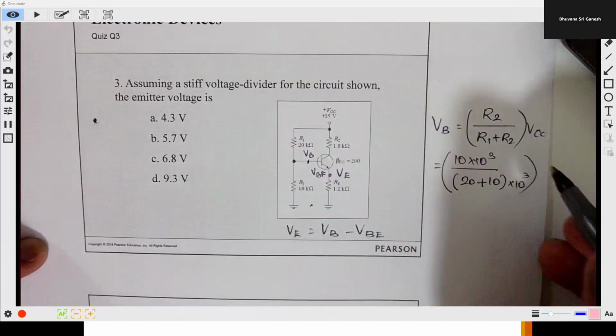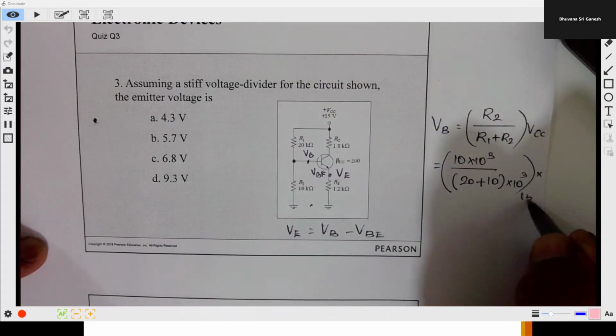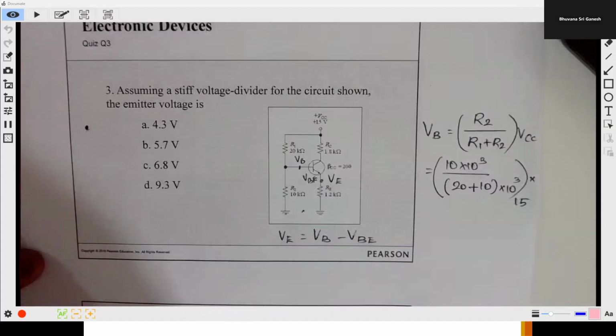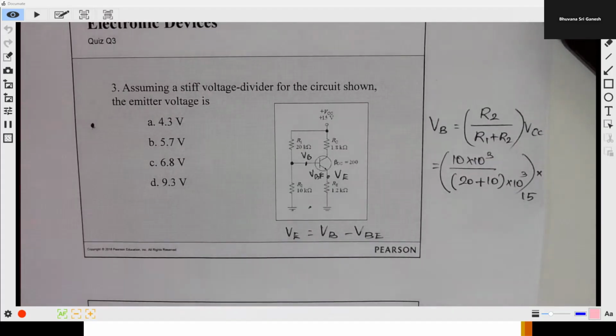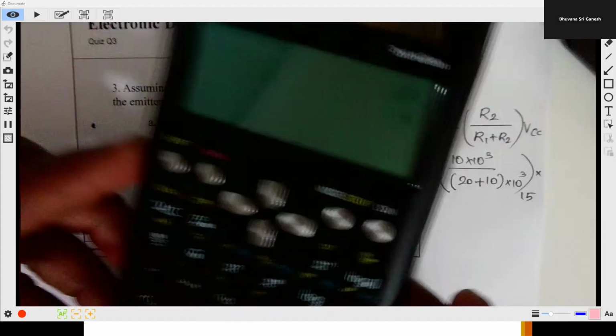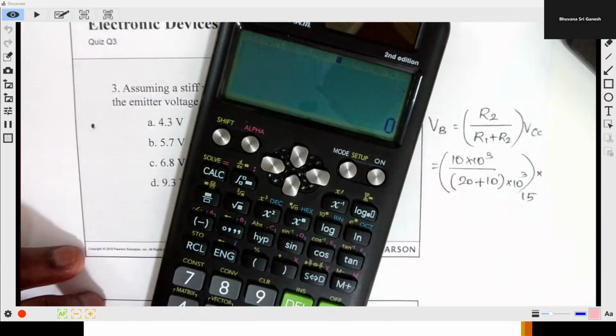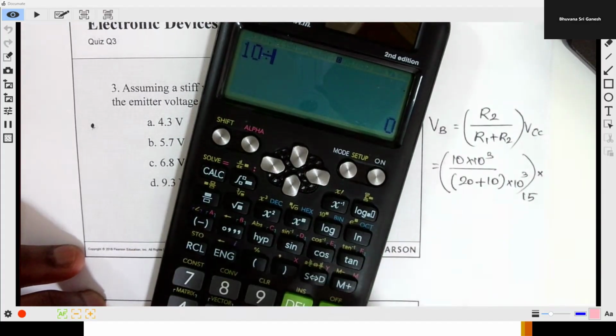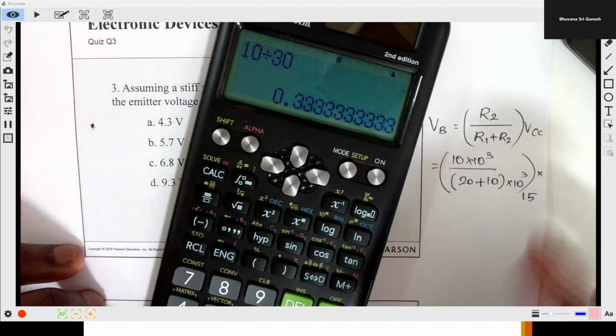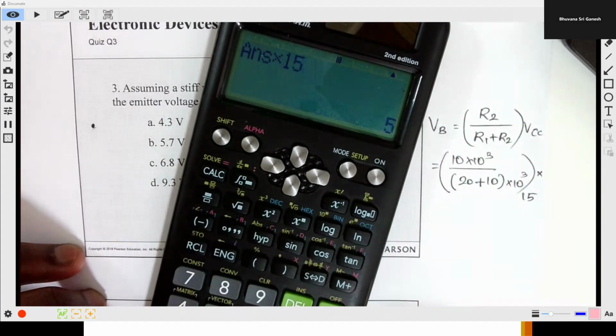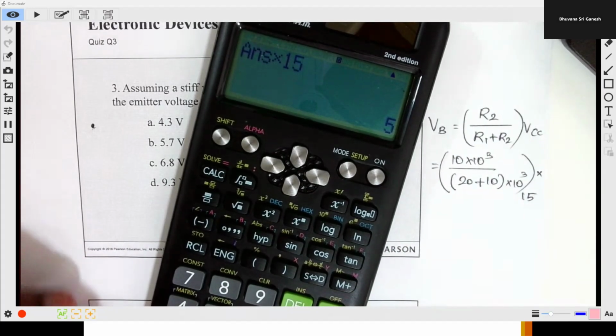On the calculator, 10 divided by 30 times 15 gives you 5 volts.